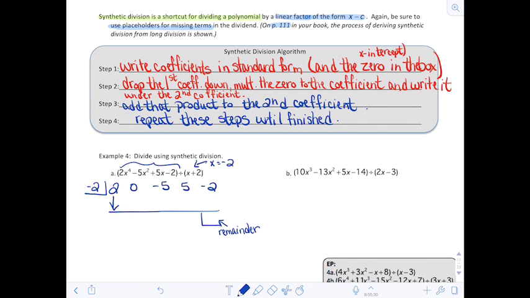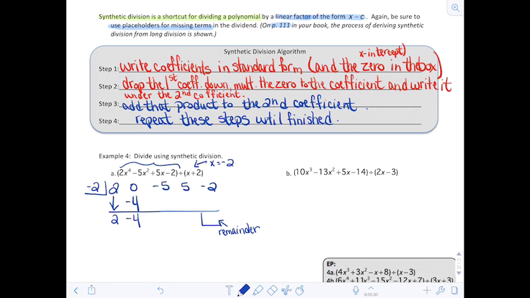We're going to drop down the first coefficient. Then we're going to multiply the 0, which is negative 2, to that coefficient. We get negative 4, and we're going to write it under the second coefficient. Now we're going to add that product of negative 4 to the second coefficient. So 0 plus negative 4 is negative 4. And we repeat that process.